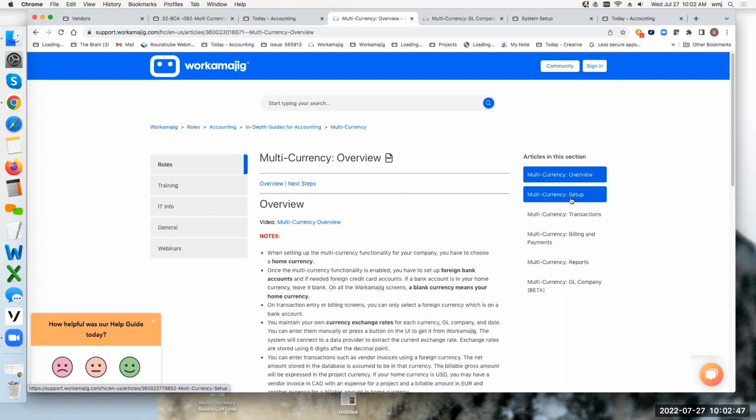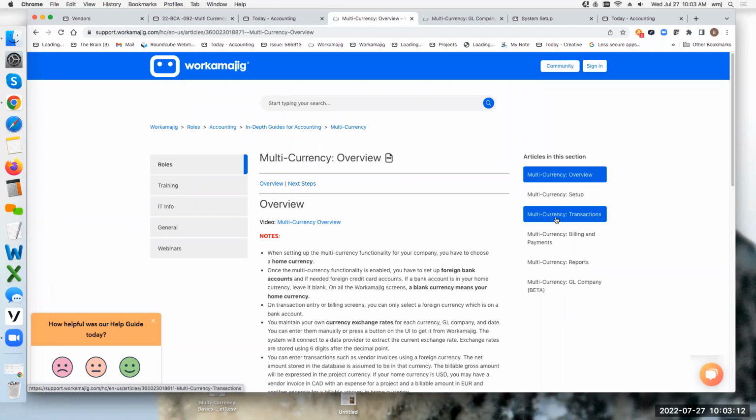So in lots of places, once you start using multi-currency, you're going to see HC for your own home currency. We're generally using US dollars or the Canadian dollar, British pound, etc. And then anything foreign, whether it's GBP, the yen, the euro, would be displayed with its currency ID.